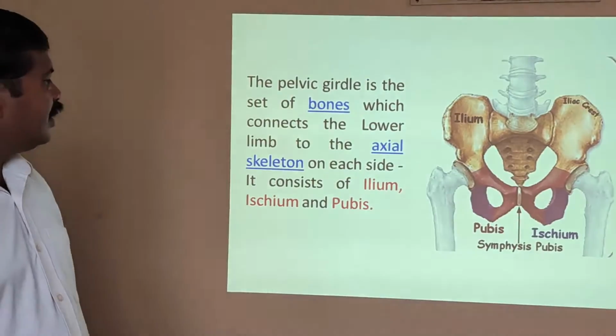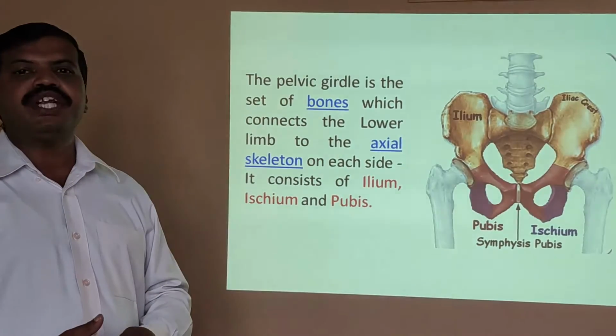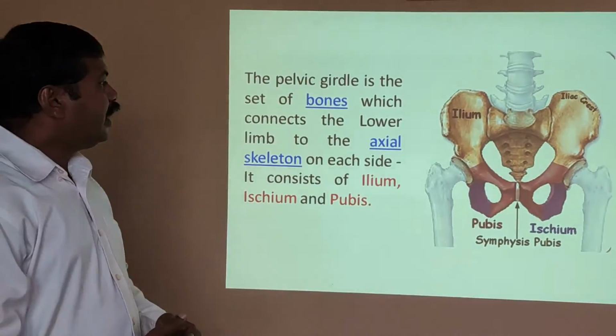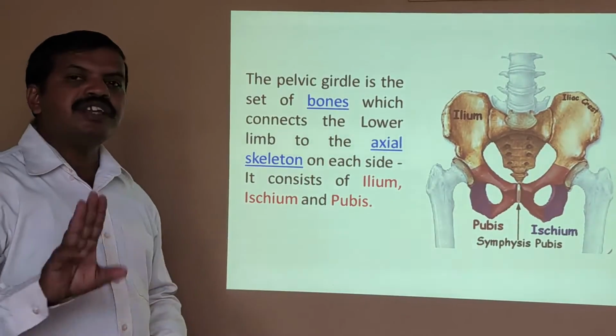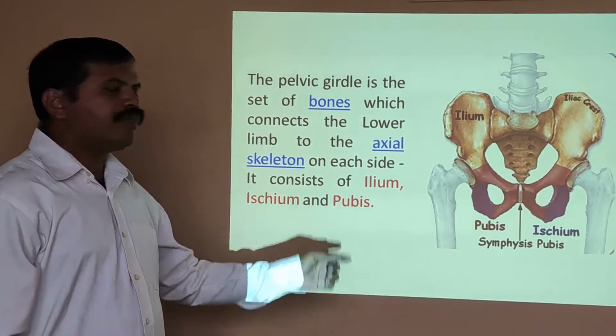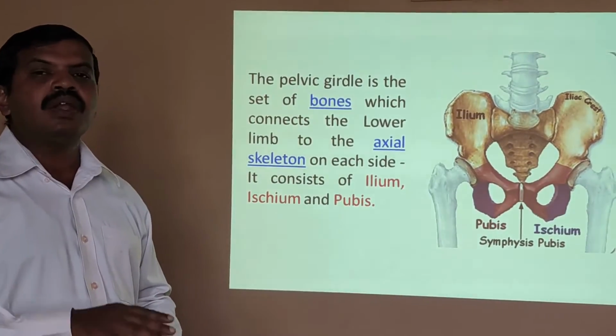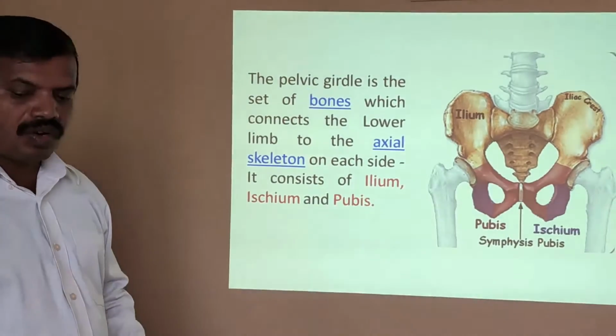In the same way, the pelvic girdle is present at the posterior end of the body, and this also comprises three fundamental bones: ilium, ischium and pubis. These are the three important bones present in the pelvic girdle of all organisms.